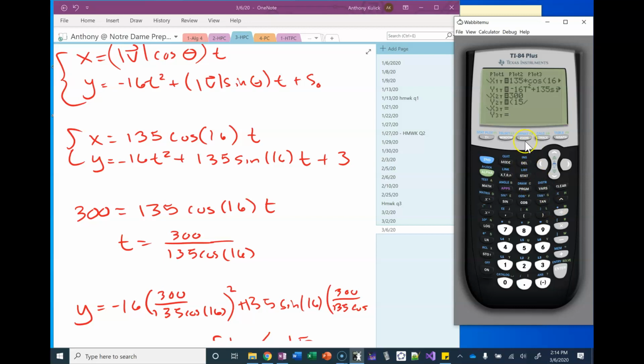To get the t max variable, I'm going to press the vars button, go to the Windows option and then over to the t/theta tab. And there's the t max. And then I'm going to do times t at the end.